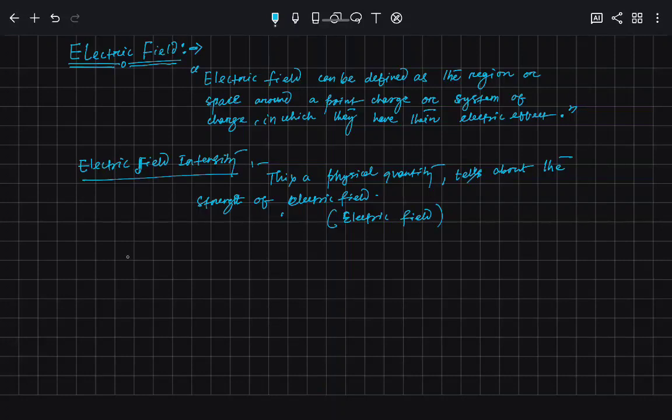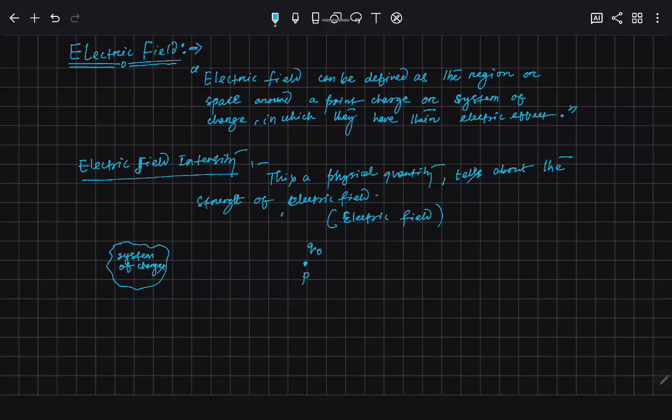So let's say this is a system of charges, right? And this is a point P which is some distance from the charges, and you put a charge q naught here.